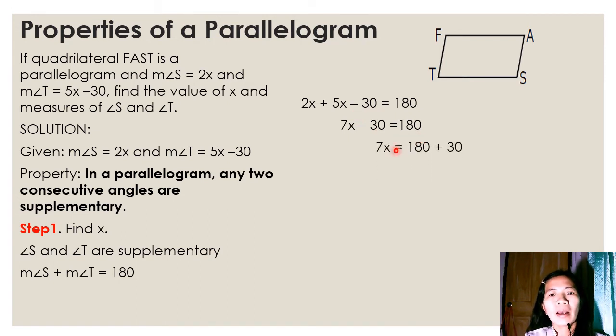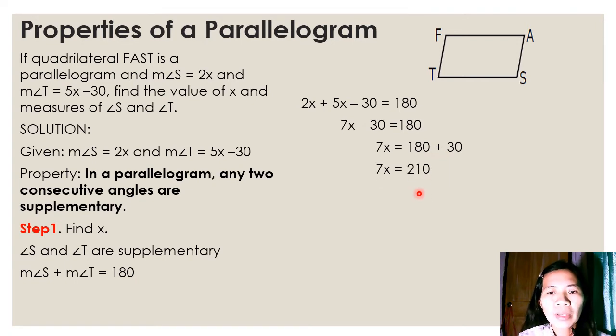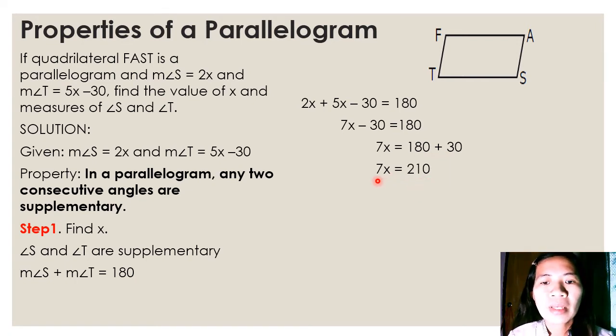Then we get the additive inverse of minus 30, which is plus 30. So we add both sides of the equation with positive 30. So this will become 0, and 180 plus 30 equals 210. So 7x equals 210.